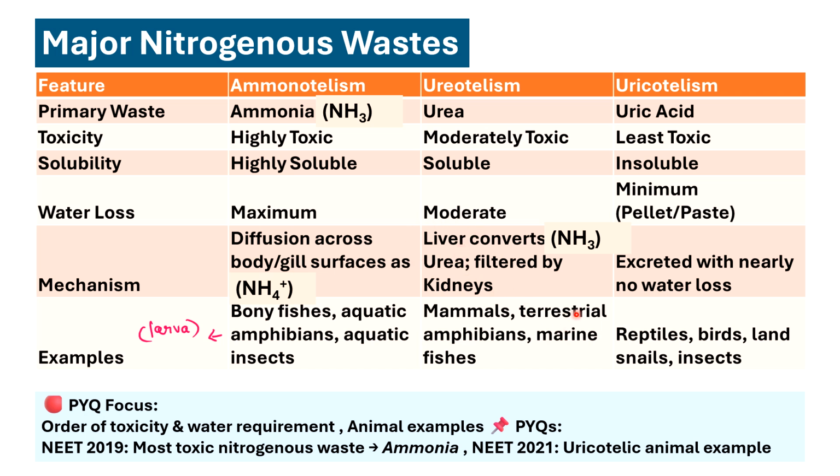One more important concept, why marine fishes do not release the byproduct as ammonia, why urea? Because they are also living in a habitat where we have a lot of water. But look, in marine environment, the water has a lot of salt concentration. So if there is a lot of salt concentration, there will be a tendency to lose water.